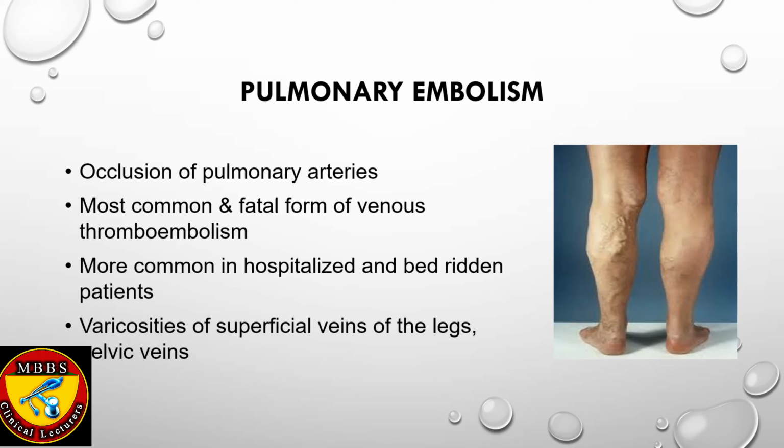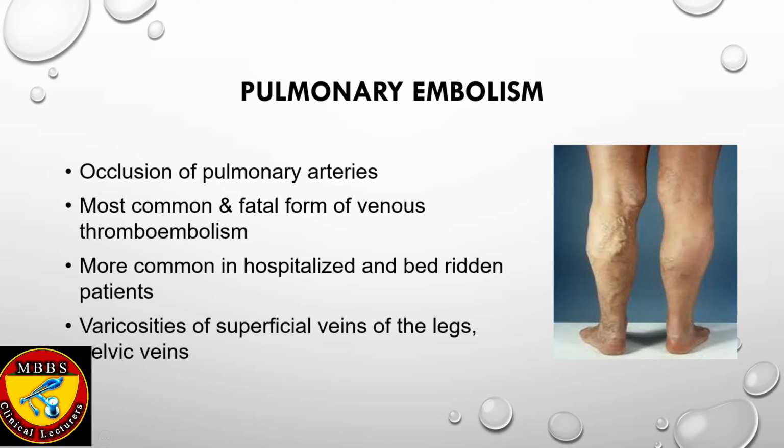And varicosities of superficial veins of the legs and the pelvic veins are another cause of pulmonary embolism. What are varicose veins? You can see in this picture these dilated veins, right? Varicose veins are the dilated veins seen in the legs of individuals who are standing or sitting for a longer time.